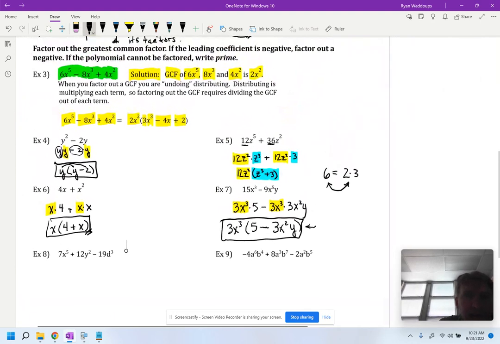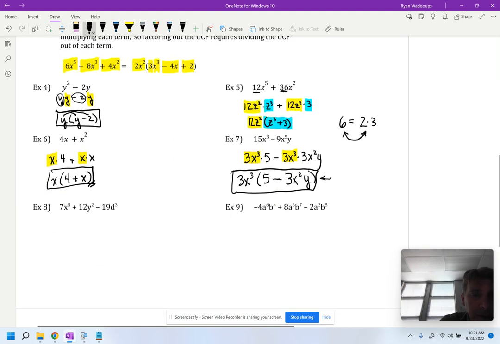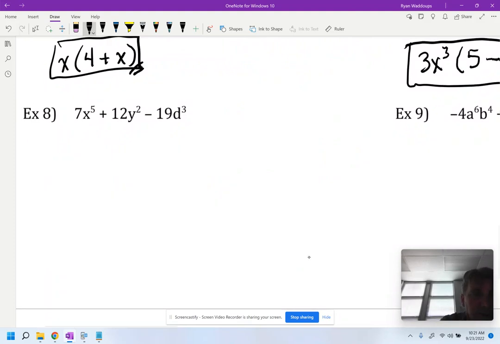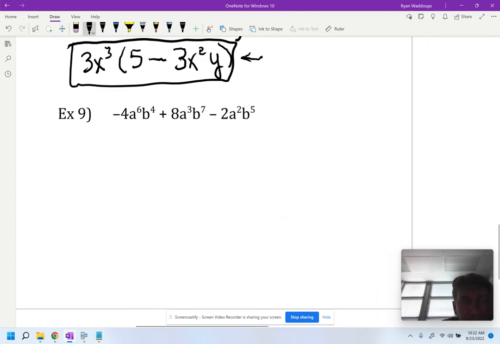So this is one of those examples that says if the polynomial cannot be factored, write prime. And so in this instance, we can say this is prime. The only factor that they all have in common is 1, and factoring out 1 would leave them exactly the same.